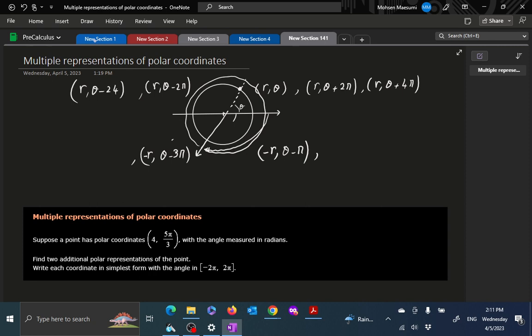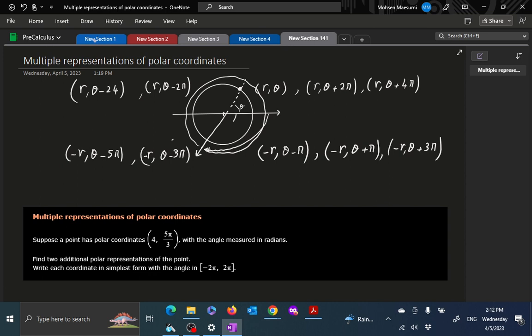If I go around the circle one more time, I'll be at minus r and theta minus 5 pi. I can add 2 pi's and go in the other direction. That is, I can end up at minus r and theta plus pi, and then minus r and theta plus 3 pi.